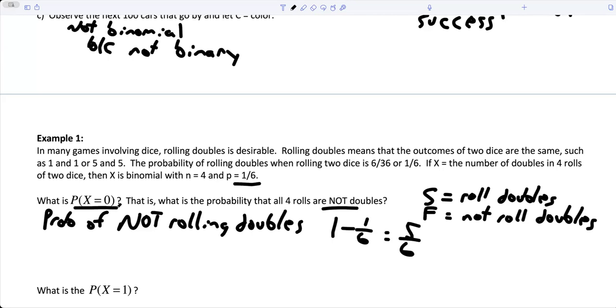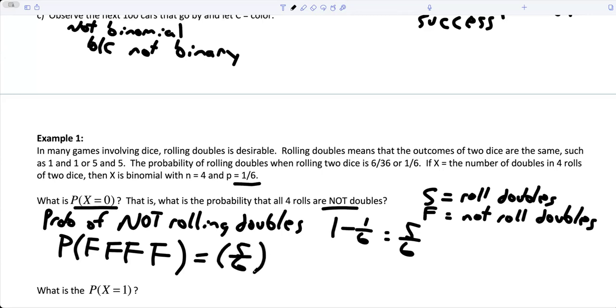And so here, the question asks, what is the probability that in 4 rolls, we get no doubles? Another way to write that would be the probability that we fail, we fail, we fail, we fail. How would I calculate this probability? Well, the rolls are independent, so we would do 5/6 raised to the 4th power.